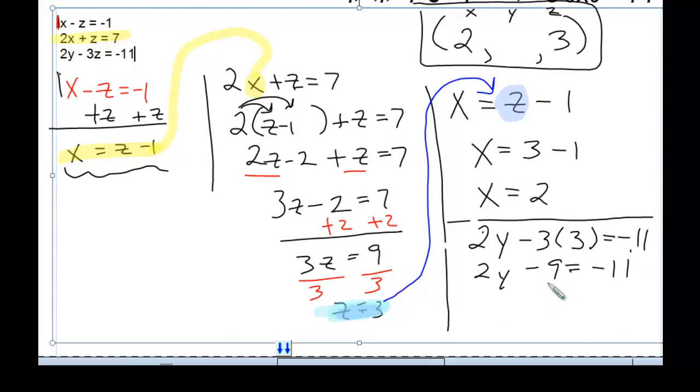When we add 9 to both sides, we get 2y = -2, and y is equal to -1 when we divide both sides by 2. So the ordered triple is (2, -1, 3).